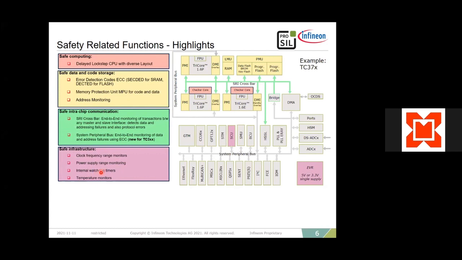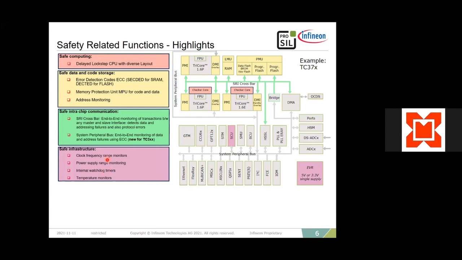Each CPU has its own watchdog timer, dedicated register set, and alarms. There is also one single system watchdog, and it is possible to configure which safety cores can control the safety system watchdog.